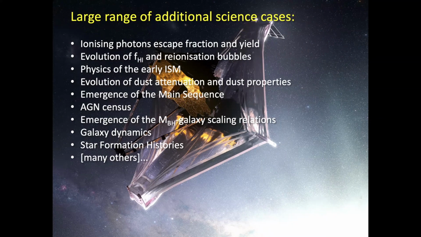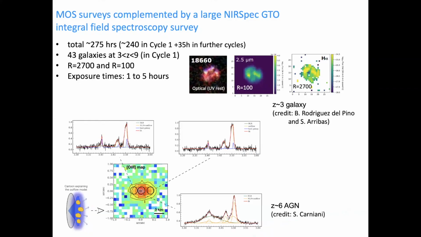Instead of going through additional science cases, I just wanted to mention that the multi-object survey will be complemented with another component of the GTO NIRSpec program, which will use about 275 hours to observe with integral field spectroscopy more than 40 galaxies at redshift between 3 and 9, both with the high resolution and low resolution mode, with exposure times that will make this observation quite sensitive.